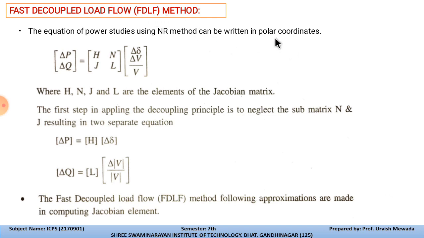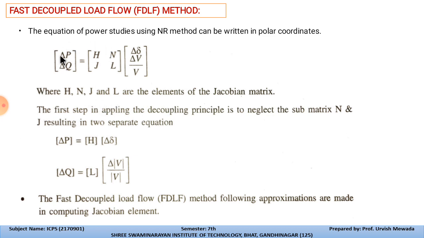The equation that we already wrote in the DLF method, that is the equation of the power flow studies using the NR method, can be written in polar coordinates as delta P, delta Q is equal to H and J L in the matrix, and the second matrix is delta delta and delta V divided by V. Here H, N, J and L are the elements of the Jacobian matrix, which we already discussed in the NR method.